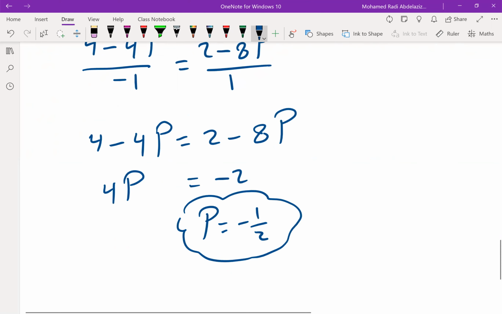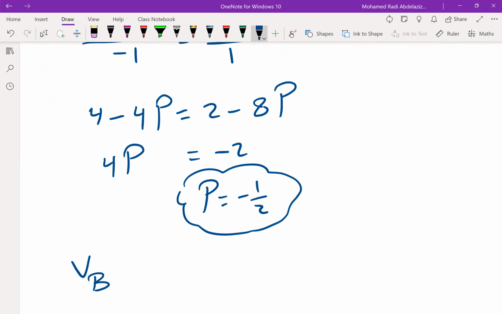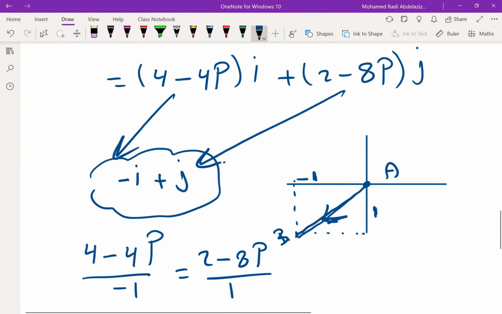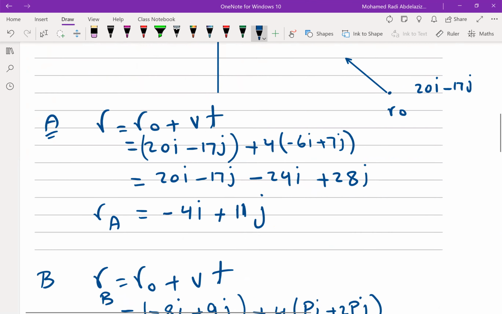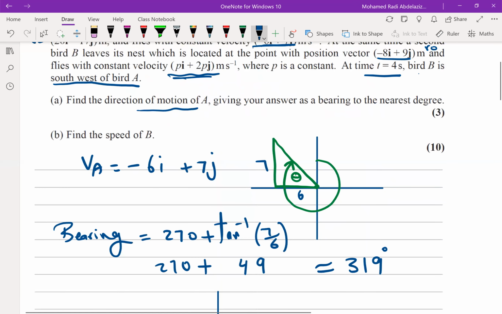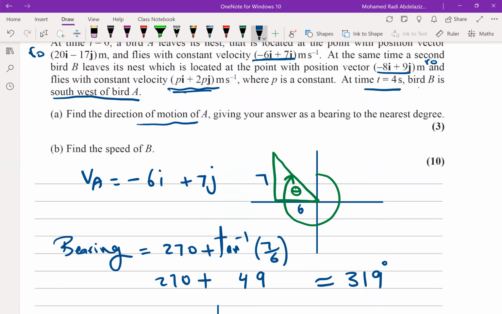After finding the value of p, you can now find the velocity of B, which is given in terms of p. Velocity of B, remove p and write minus 0.5, minus 2 times half, which is minus 1. This is i and this is j. Asked to get the speed means find the magnitude of this velocity.